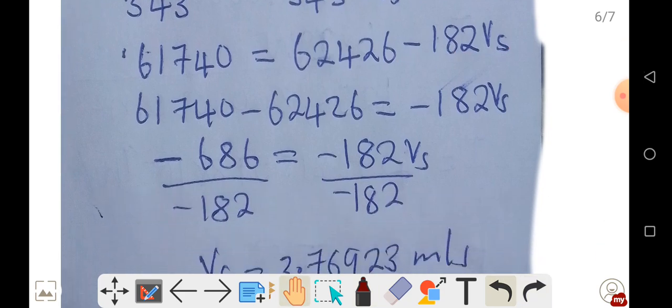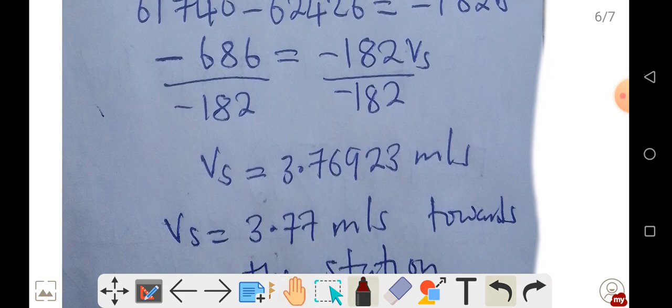So 61,740 minus 62,426, we are getting negative 686 is equal to negative 182 Vs. When we divide both sides by negative 182, we are getting the speed of the source to be 3.76923 meters per second.